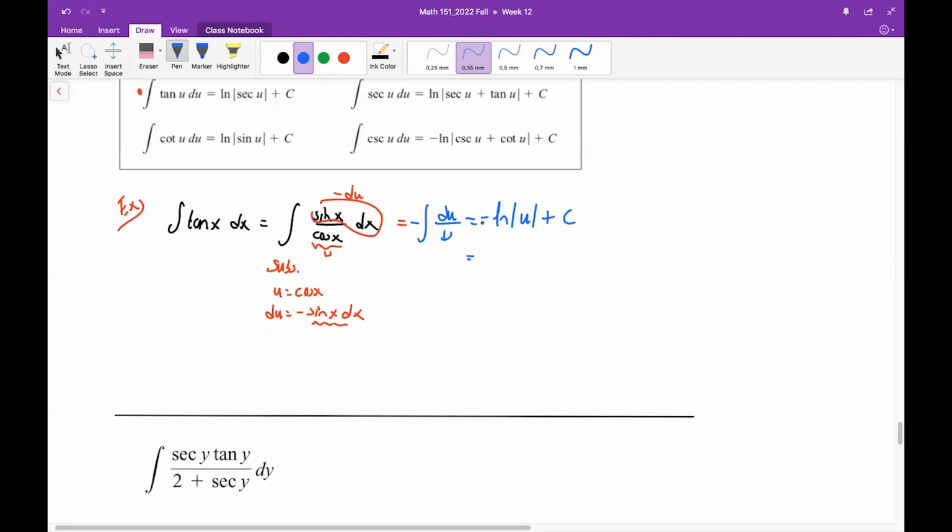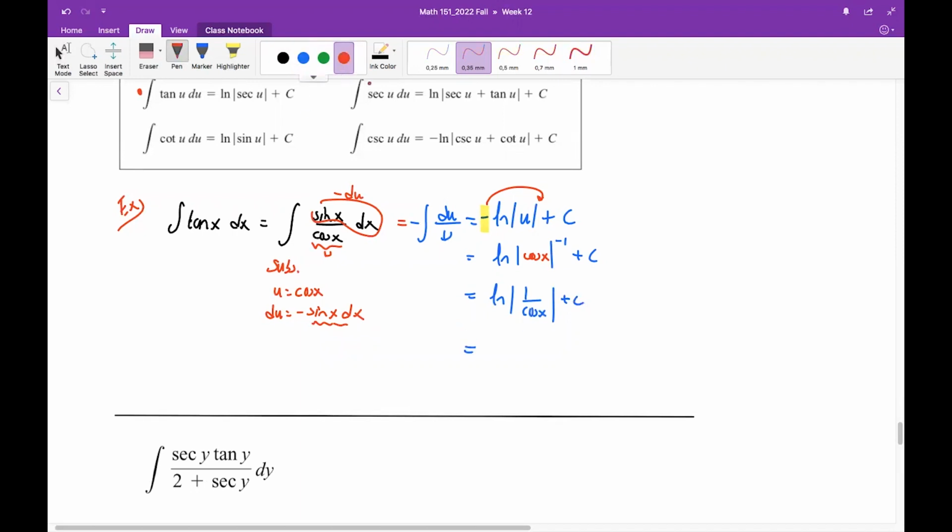And now we can take this minus sign to the power of this part, and do also back substitution, u was cosine x, so you have ln of 1 over cosine x, so I took the minus 1 power, plus c.